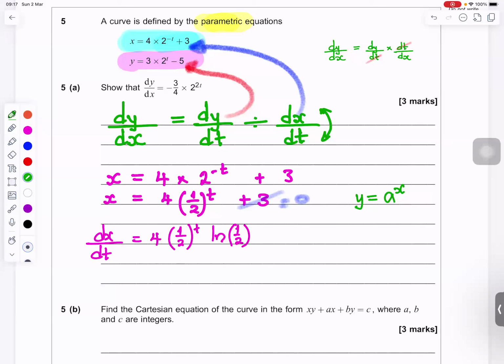When you differentiate it, dy over dx is a to the power x ln a. Have you seen that formula before? Yes, I have. So that's what we are using to differentiate half to the power t. This is like half to the power x, so the a is a half.